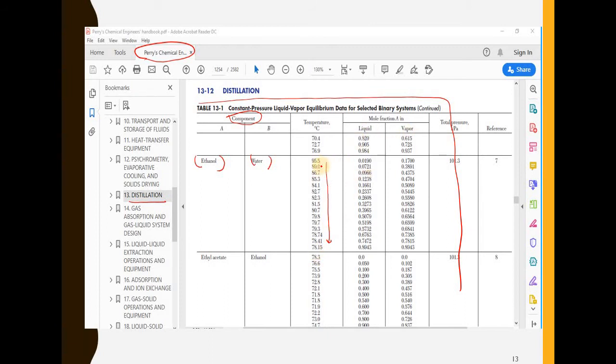For example, at 99.5 degrees C, the mole fraction of A in liquid, which is XA, is 0.0190. The mole fraction of A in vapor, which is YA, is 0.1700. This is how you read the data.